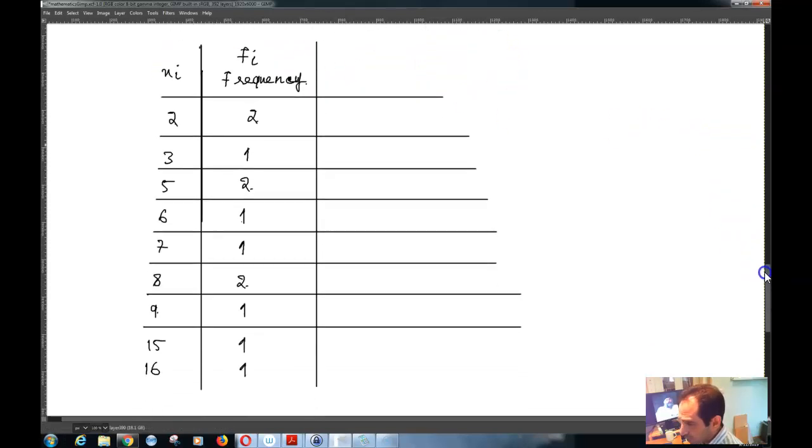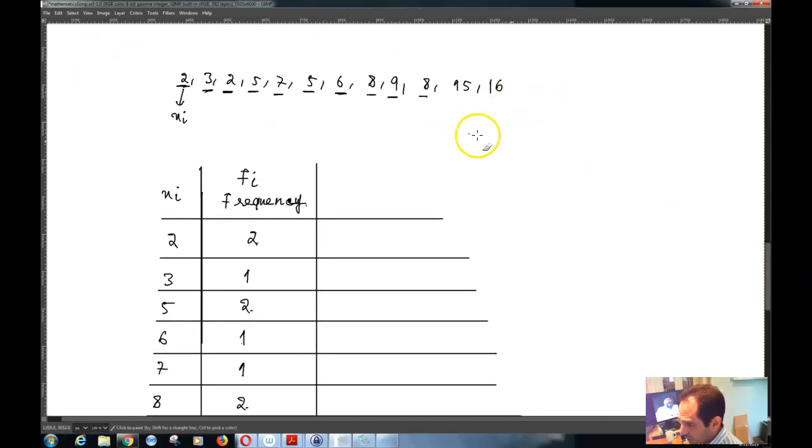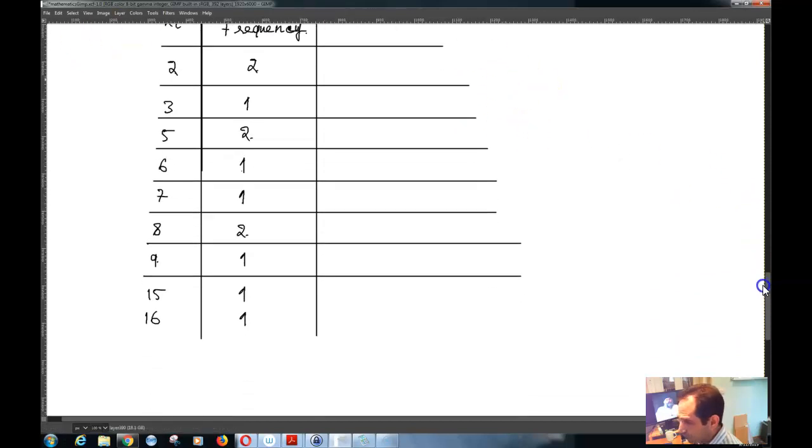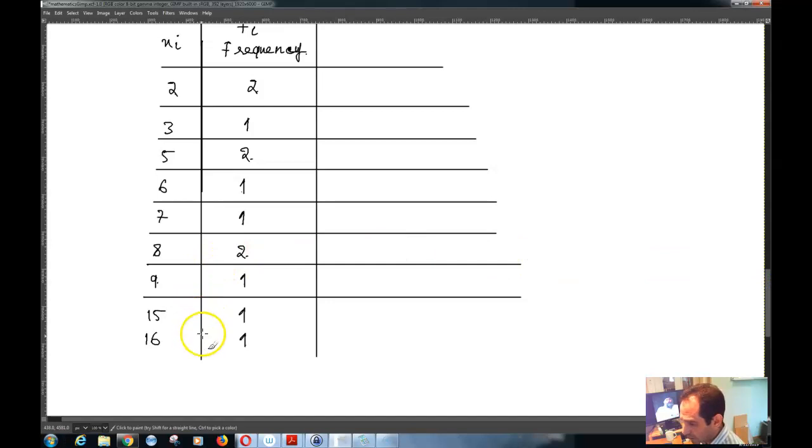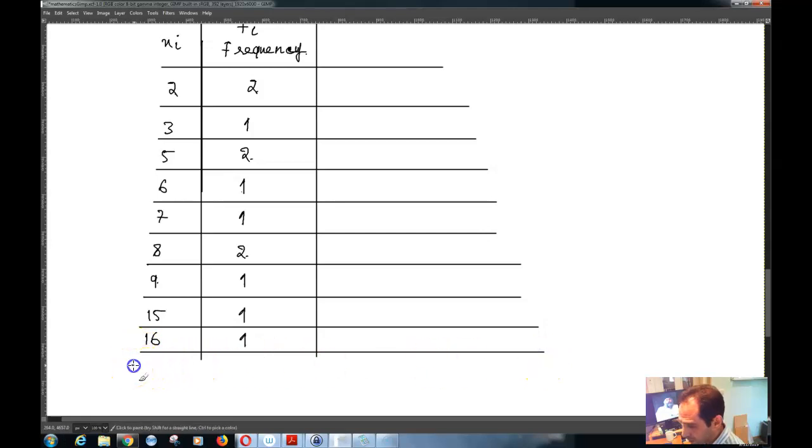So on the other hand, what I can do, and that would be a tedious kind of thing. So now what I can do is I can basically calculate sigma x of i, for example, here. Sigma x of i means all of these numbers added together, 2 plus 3 plus 5 plus 6 and so on and so forth.